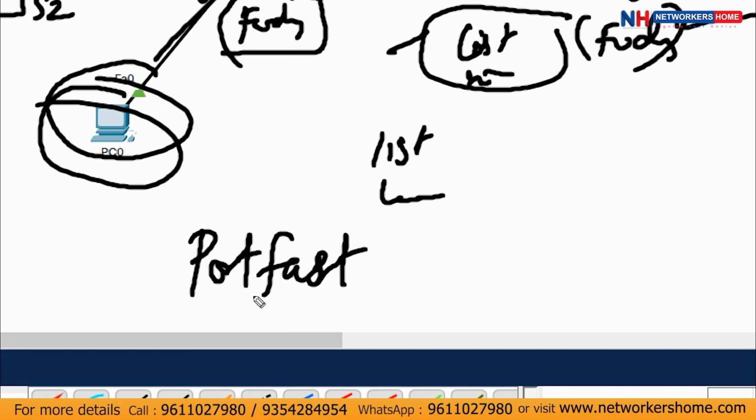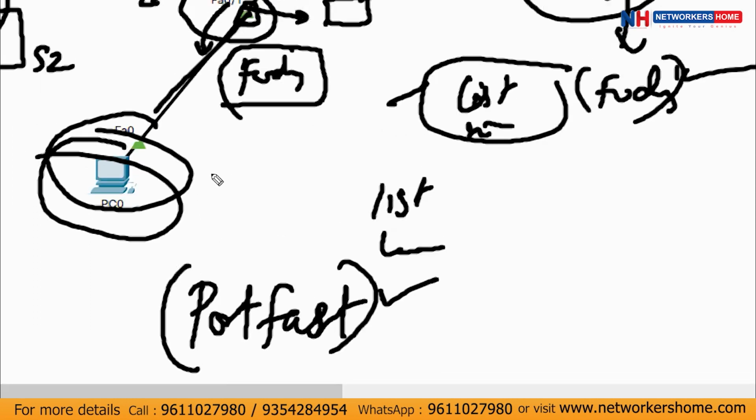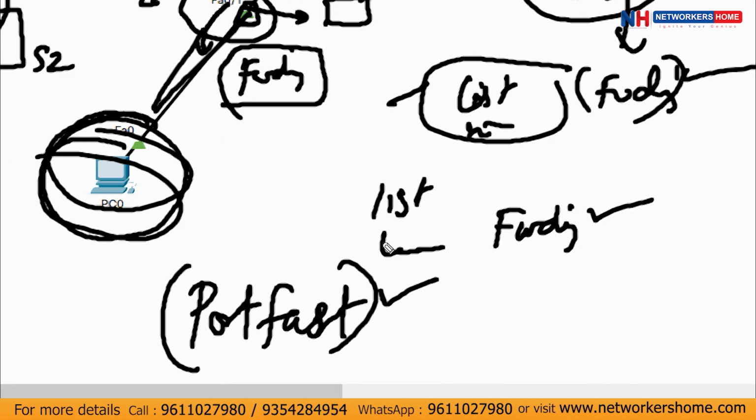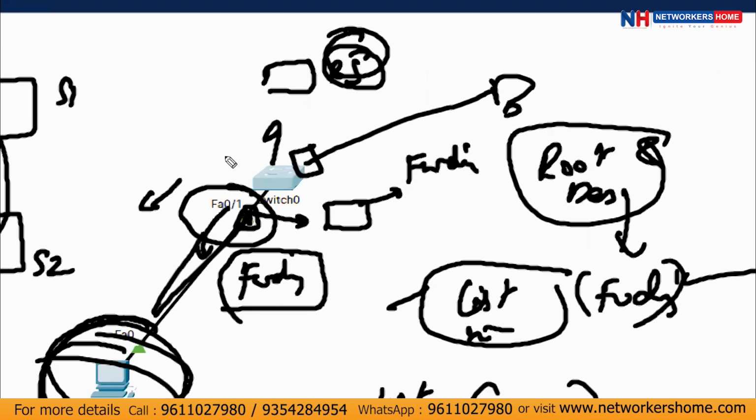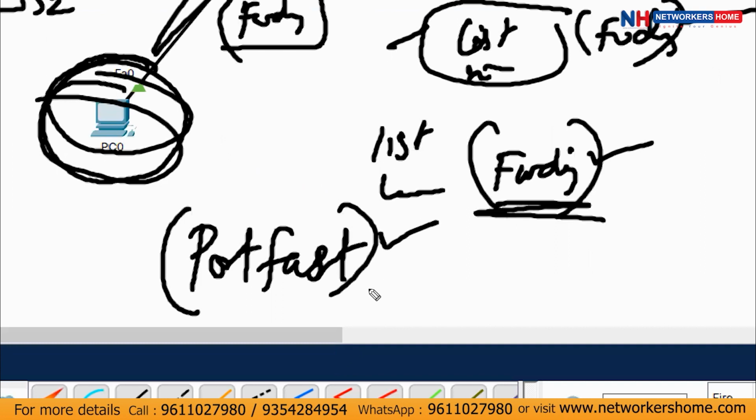This configuration is done on those interfaces which are connected to end devices, so that it will directly move to the forwarding state, bypassing the middle states.